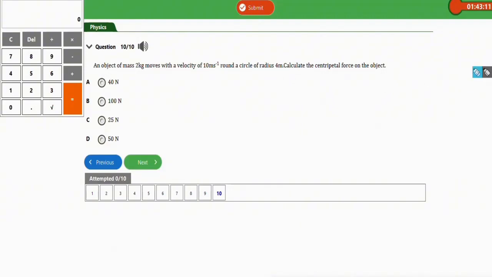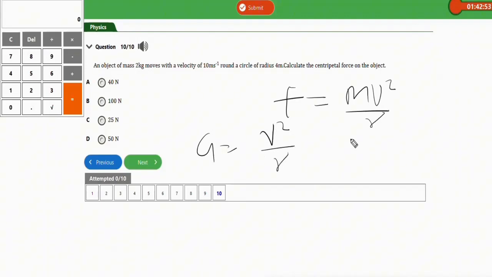Now guys, for centripetal force, the formula is F equals mv squared over r. Take note of this formula, guys, very important. Whereas centripetal acceleration is v squared over r. So take note of these two expressions.